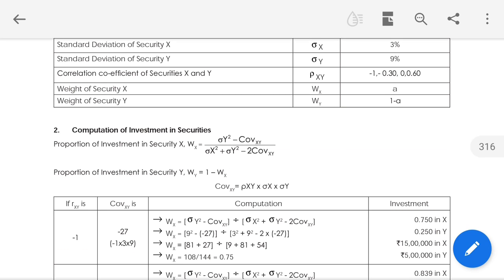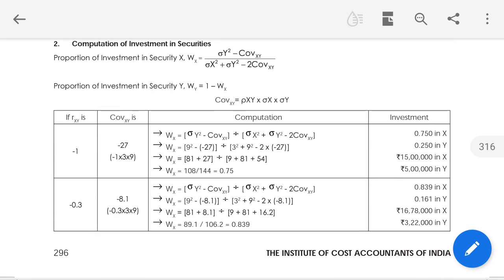So let's get into the actual answer, how to calculate based on these two formulas.